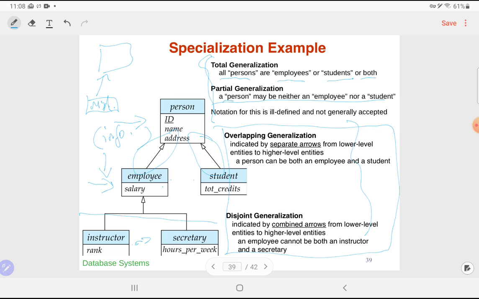They are not both. So that's disjoint generalization. These are orthogonal issues, and you will need to specify both in the context of any ER model you do. These overlapping and disjoint can be specified by diagrams. Total versus partial, you need to specify within the text associated document of an entity relationship model.